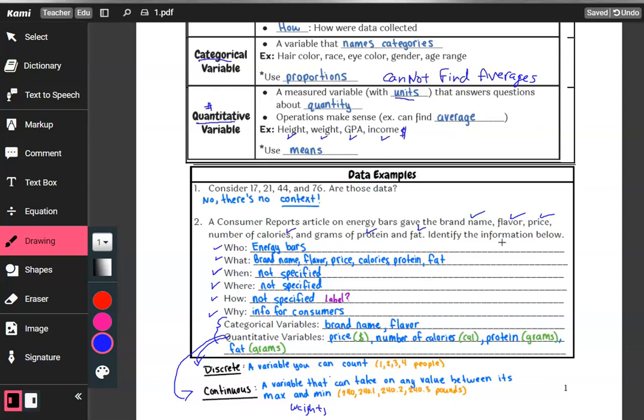So you could include decimals, as well as in height. Depending on the tool or instrument that you're using to measure, you could be more specific when describing the height, maybe liquids, speed, things like that.